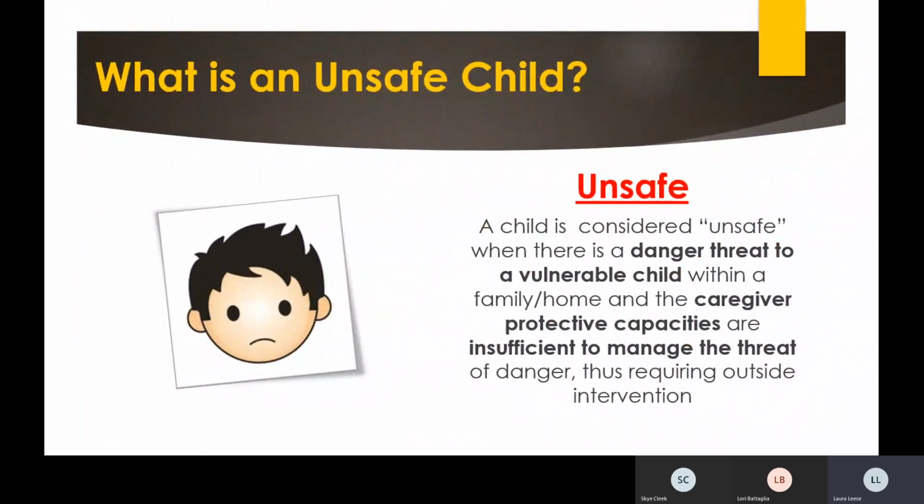On the other hand, the practice model indicates that the child is unsafe when there is a danger threat to a vulnerable child within a family or a home, and the caregiver does not have the protective capacity. So what this says here is the caregiver protective capacities are insufficient, or they're diminished, or they don't have them at all to manage the threat of danger. So thus it requires outside intervention.